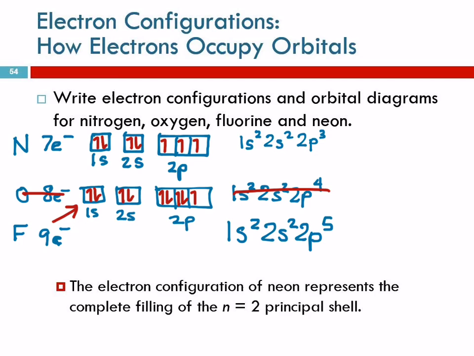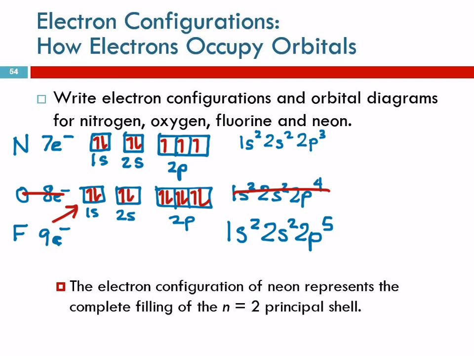How many electrons does neon have? 10. It's written on the periodic table. If you look at this wall, neon's way over there, and there's this big number 10 on top of it. That's the number of electrons. It's like right there. So cool. Well, we've got one more spot here.